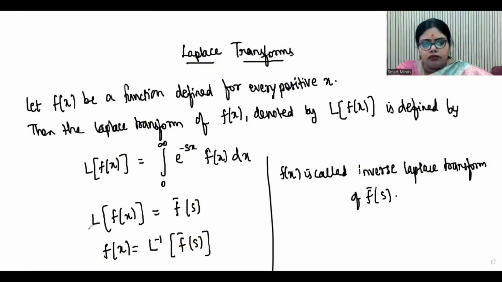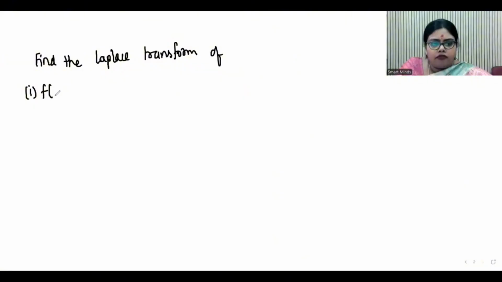Okay, now let us do a few problems. Find the Laplace transform of number 1, f of x is equal to 1.